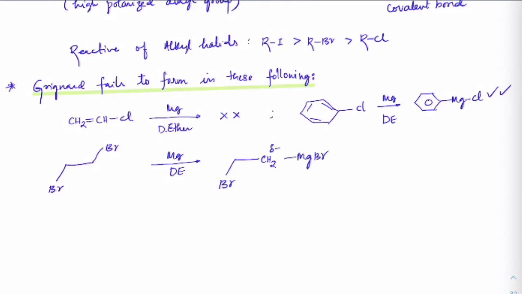This is how it forms on one end, but this C minus is sufficient to form a double bond here and it will release this bromine. So you won't see the Grignard reagent being stable there. It would immediately end up becoming alkenes.